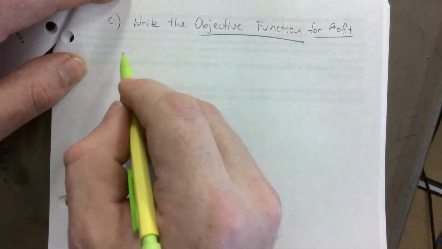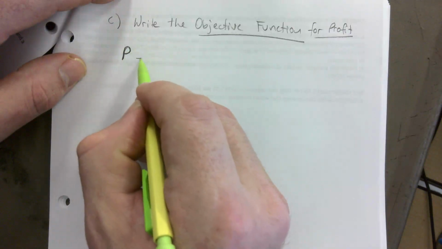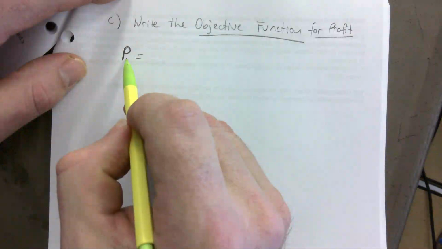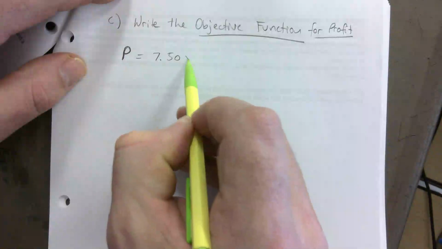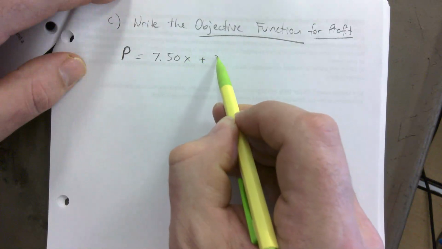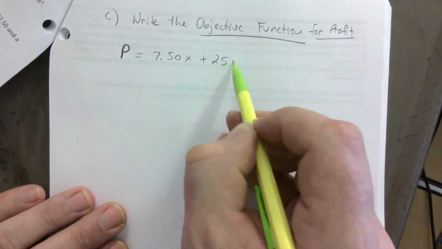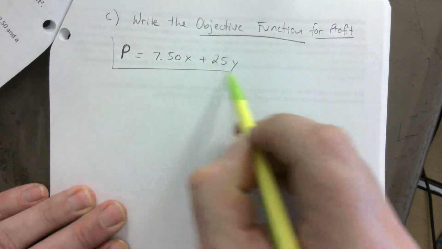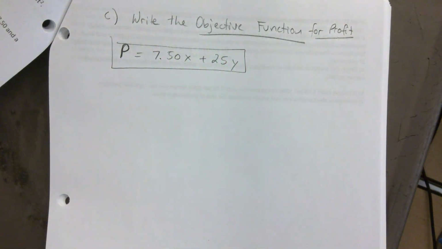This is specifically speaking of profit. You would pick a letter that you like. I will pick P for profit. The profit is found by going $7.50 for every car plus $25 for every bus. This is often a full mark, just writing that objective function.